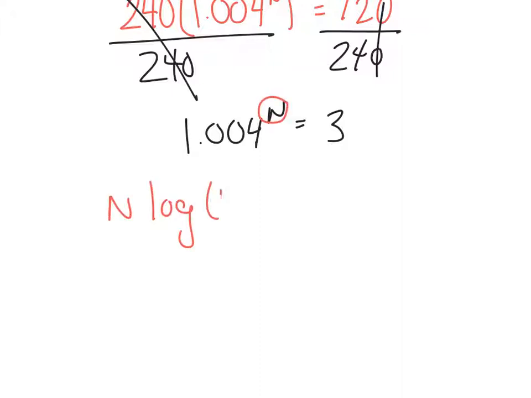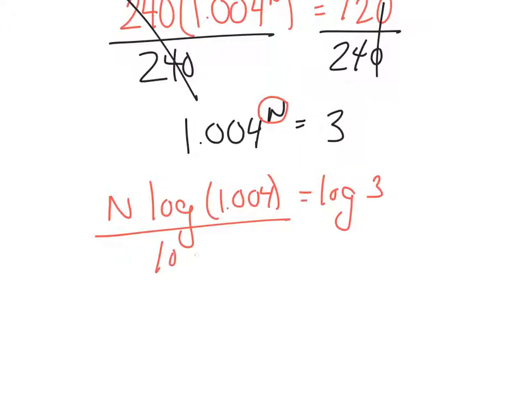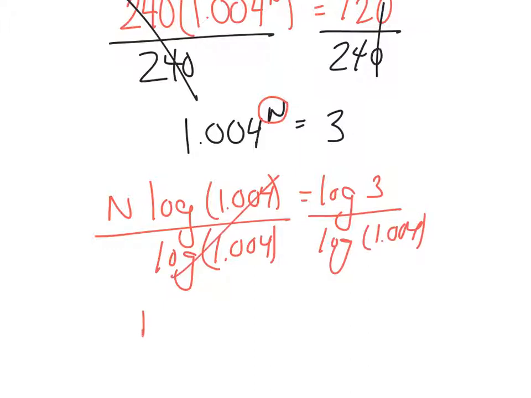So n log of 1.004 equals the log of 3. And then I'll solve for n by just dividing that log out. And I get n equals 275.202, blah, blah, blah.